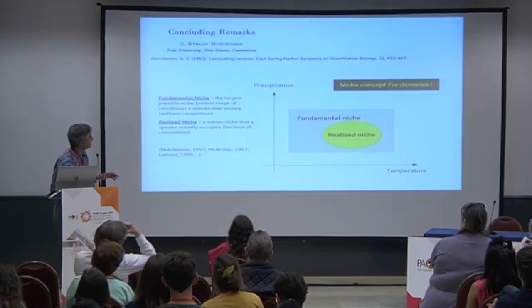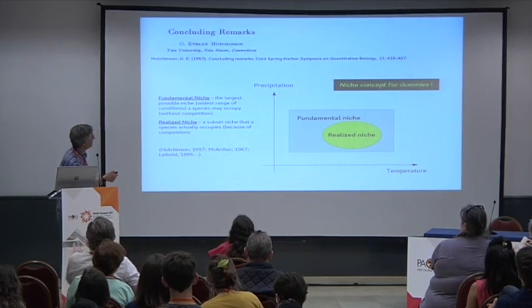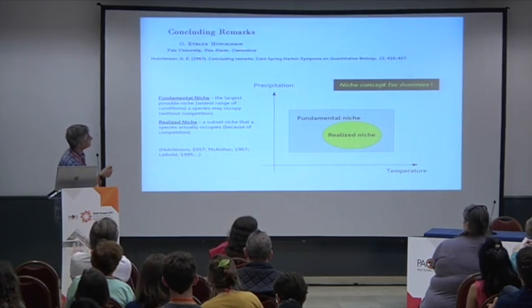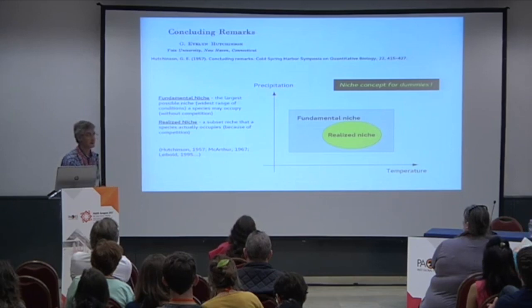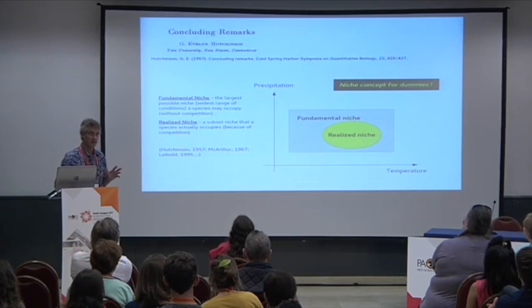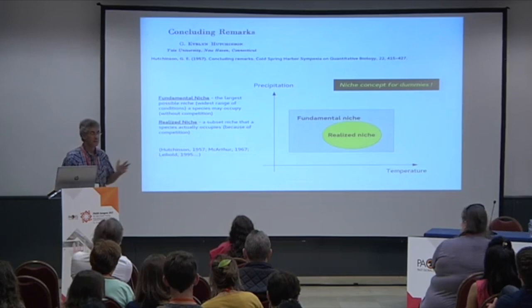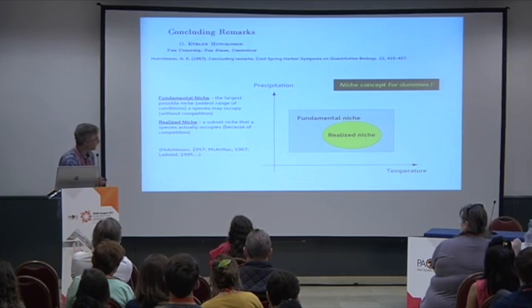This is a very old concept made by Hutchinson in the late 50s, which says basically that each species, animal or plant or whatever, any organism has a niche. And this niche of this organism is defined by different parameters, like precipitation and temperature in this case.